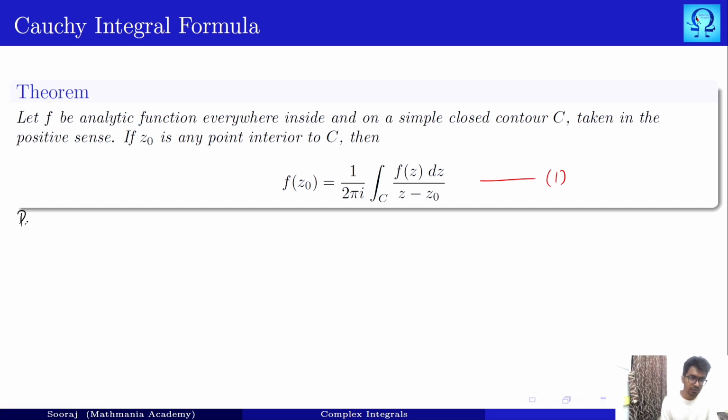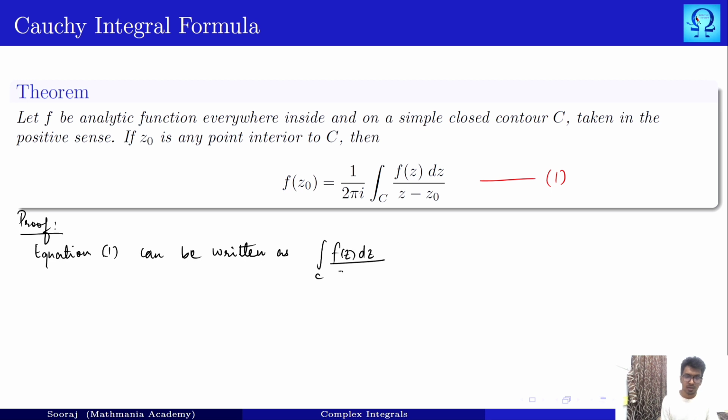So the proof, right? Okay, equation 1 can also be written as integral over C f of z dz upon z minus z naught equals 2 pi i f of z naught.